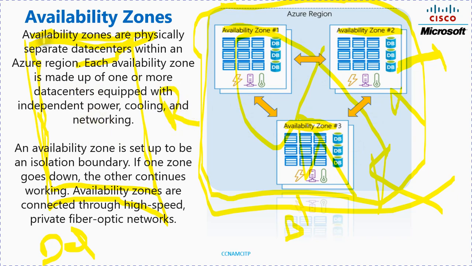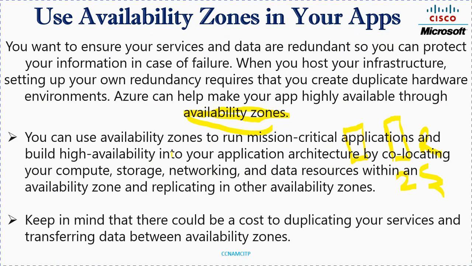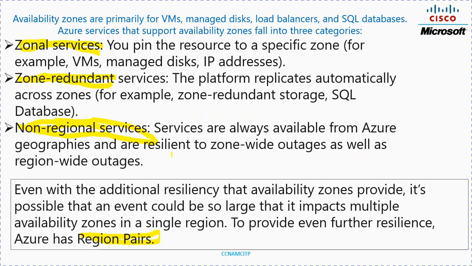From the other region, your application and data resources should be accessible to customers and consumers. This is the use of region pairing. I have created a separate video on the region pair topic, so you can go through my channel and see it.